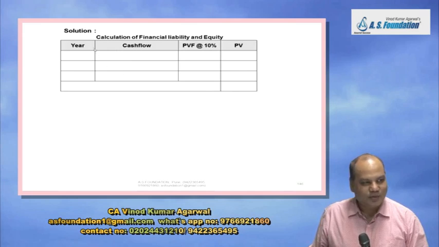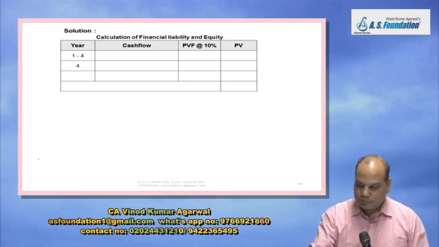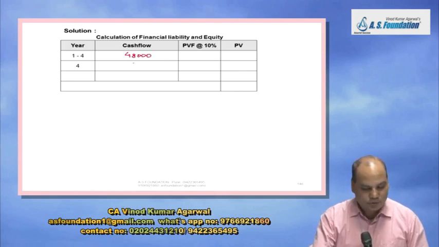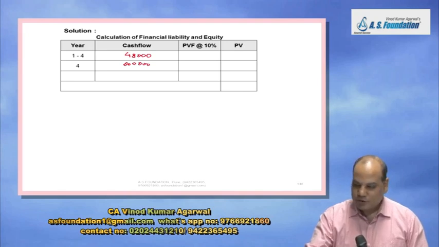You will write step 1, calculation of financial liability and equity. Year 1-4, how much is it? Tell me the amount. 6 lakh into 8%, this is the cash flow. And year 4, is it 6 lakh? 6 lakh. The factors are given in the question, add them. 6, 10% and 4 years.